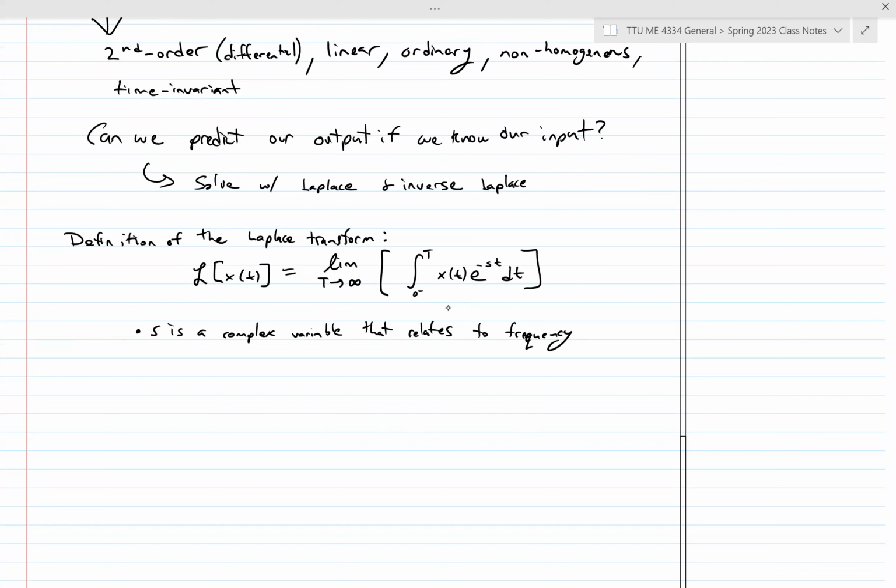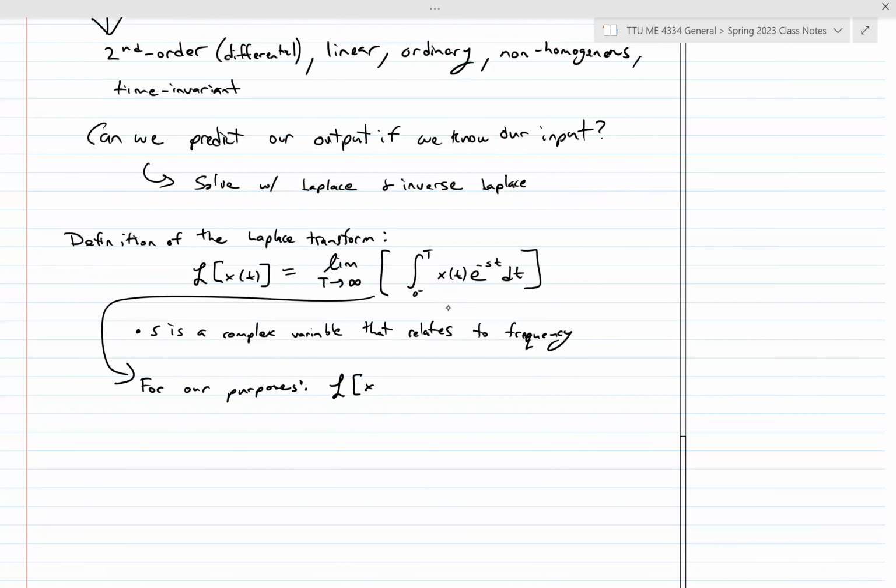If we have that case, then we can cancel out this 0 minus term here. Honestly, we're going to do that for the most part for our purposes. We're going to make it easier on ourselves.